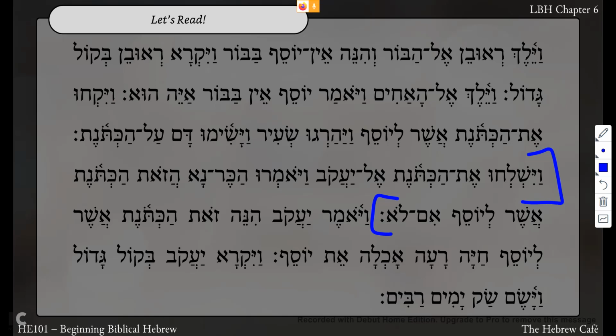Hakerna hazot. What is ha here? But ha here is not the definite article. It's not like ha zot. That's exactly the question. Ha zot as an article would mean this.